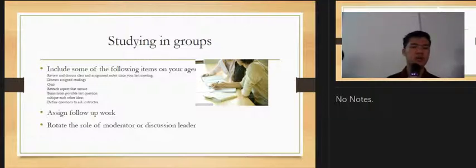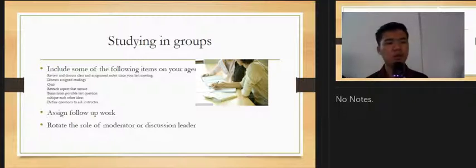You can also retest the aspects that you are unsure about, and brainstorm the possible test questions. Critique each other's ideas. Define the questions to ask the instructor. Then assign follow-up work. Rotate the role of the moderator or discussion leader.